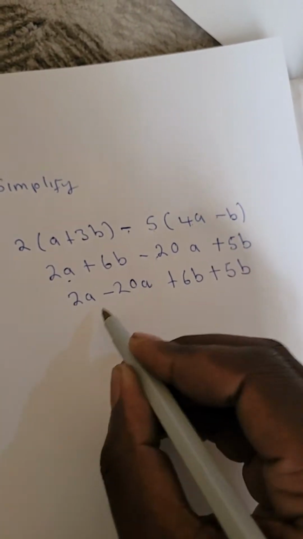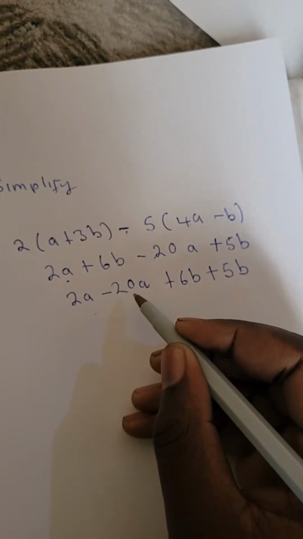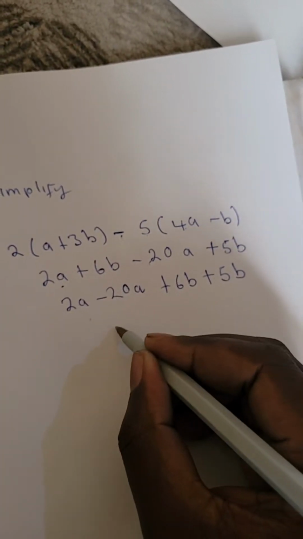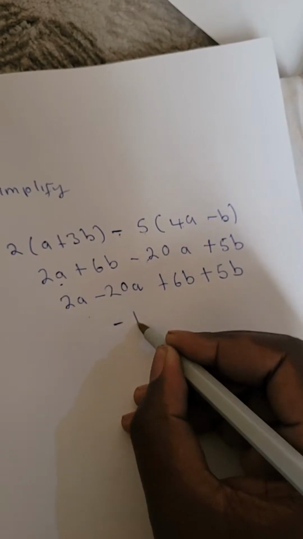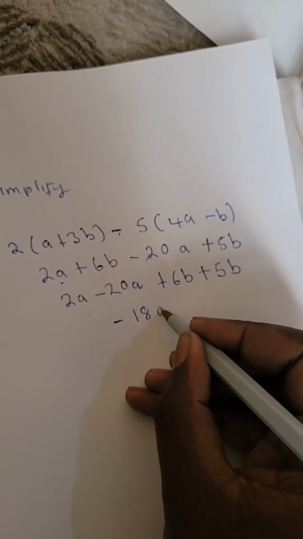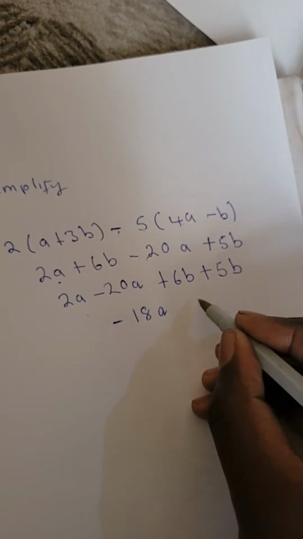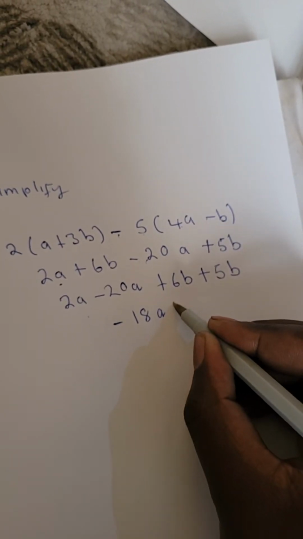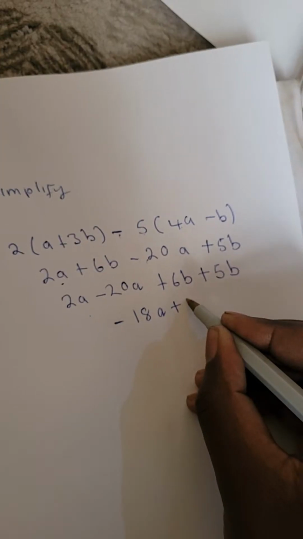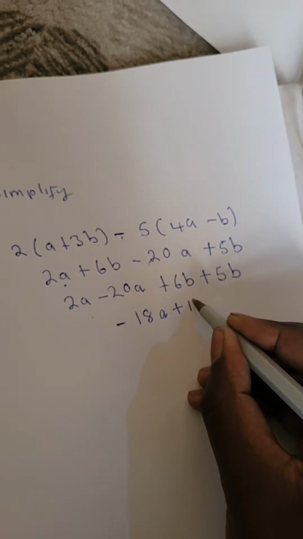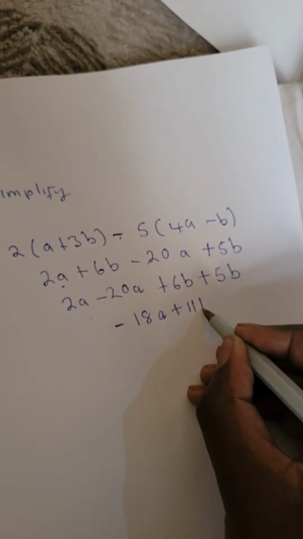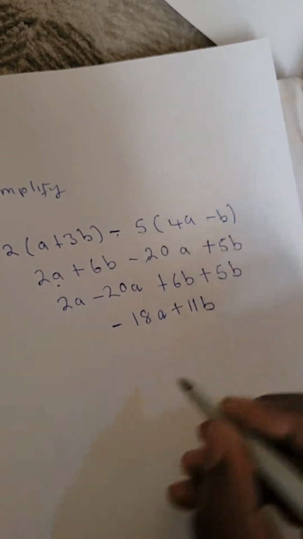5b. Okay? So 2a minus 20a, you get negative 18a. Then 6b plus 5b, what do you get? You get plus 11b.